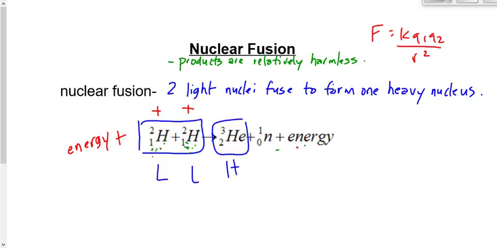But because the half-life of what's produced is so small, you could return much, much sooner than you could with a fission reaction and be safe. The products of a fission reaction are highly radioactive for a long, long, long time. The products of a fusion reaction are relatively harmless.